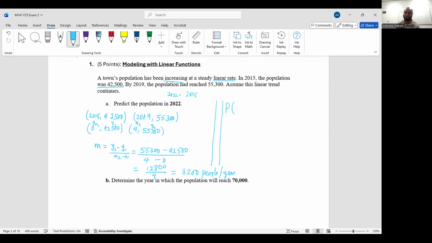So that is 7 years. So the time is 7 years, meaning if you are growing at 3,200 every year, you want to multiply that by 7, and you want to add it to the starting point, which is 42,500.